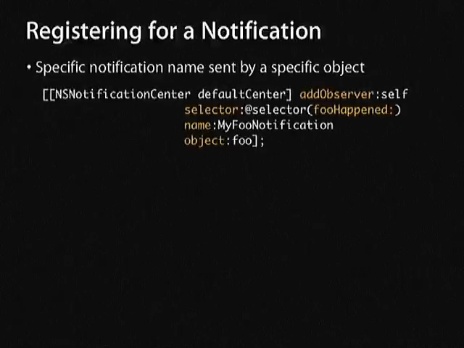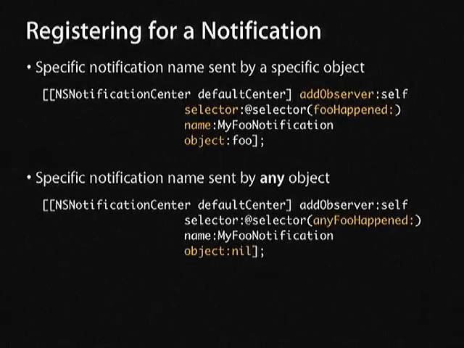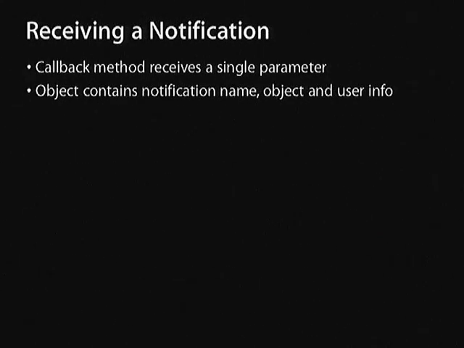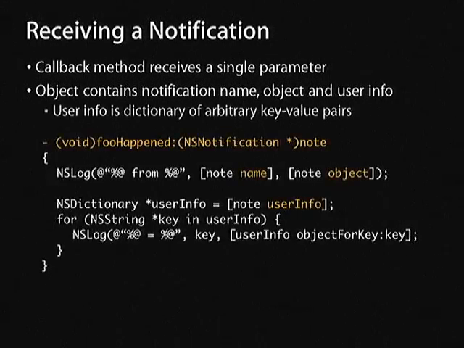To receive a notification, like I showed you here, you're actually passing in selectors. I'll show you the format first. You get your callback, your selector called, with the notification as a parameter. Inside that notification object, there are a few things you can get.